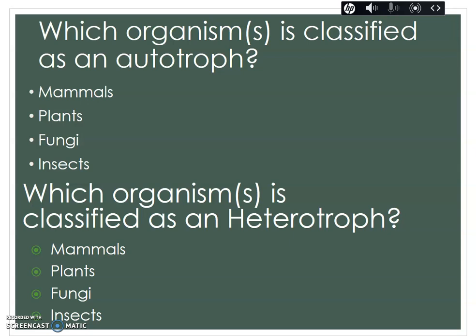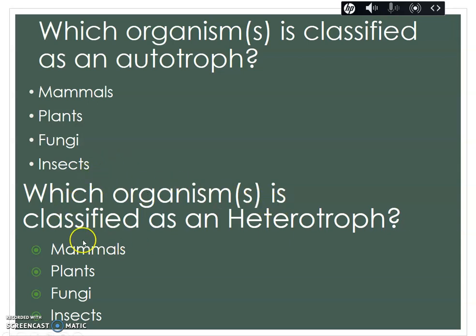You would think fungus or fungi like mushrooms, but mushrooms are very similar, I wouldn't say to humans, but they have to digest their food. They have to actually physically extend and go and get food. So they would not be considered an autotroph. Mushrooms cannot sit out in the sun and get their own energy or their own food.